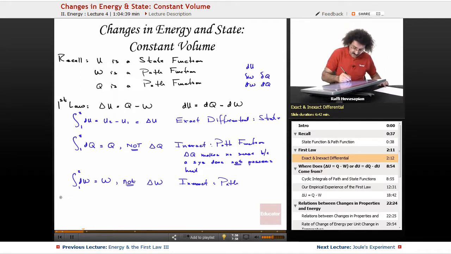Now, notice, here's what's interesting. Q and w are path functions, yet their difference is a state function. That is extraordinary. That is truly amazing. Q and w, they are path functions.